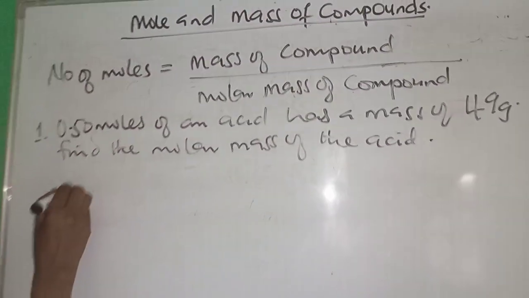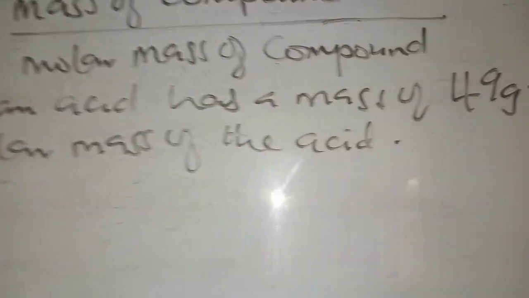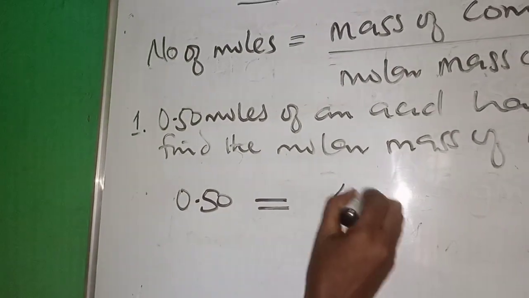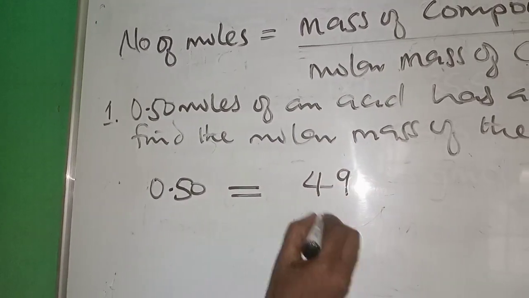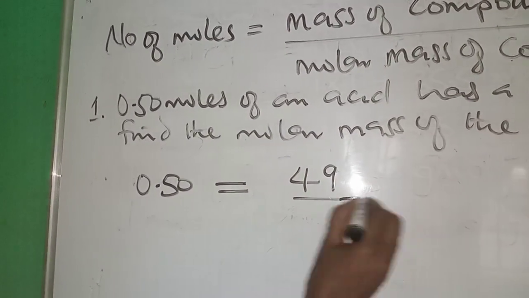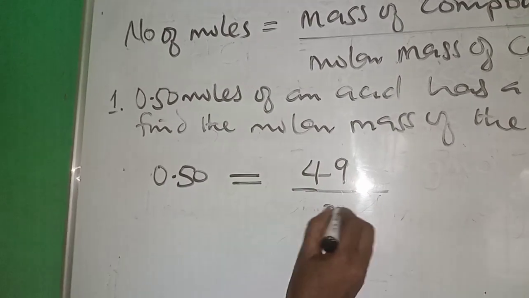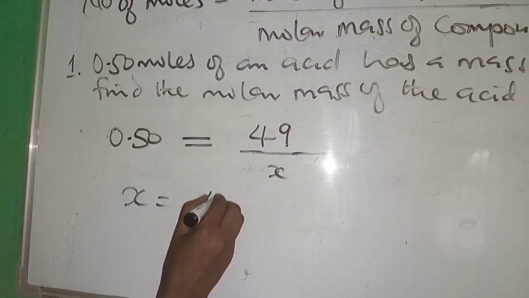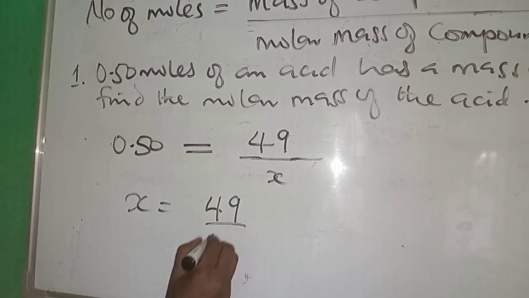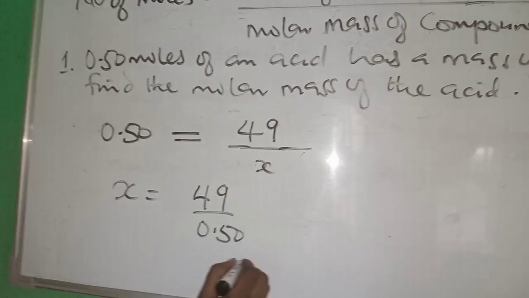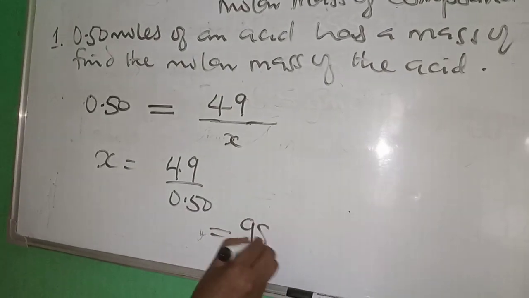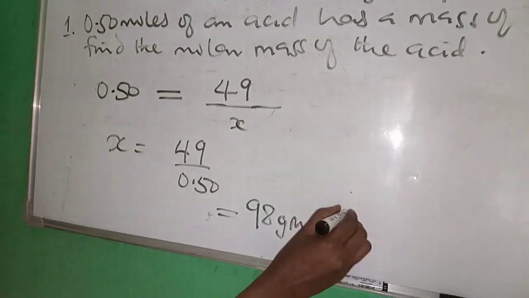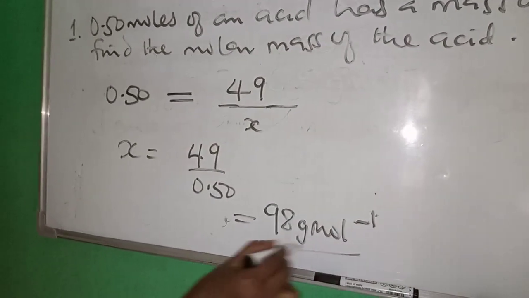Going by the equation, 0.50 moles is equivalent to 49 divided by, say, the molar mass of the compound, X. So our X is 49 divided by 0.50, and that will give us 98 grams per mole.